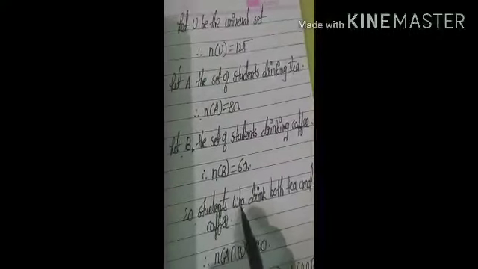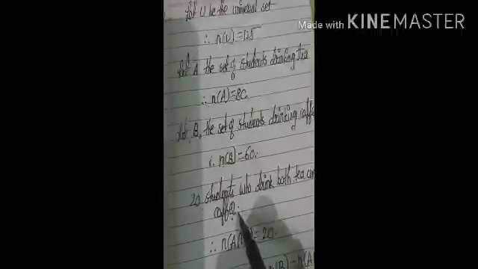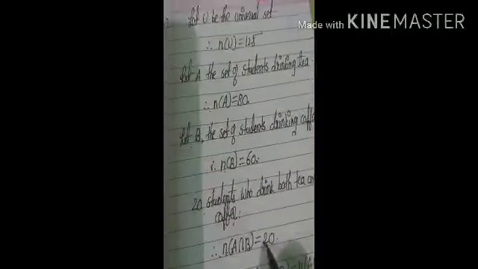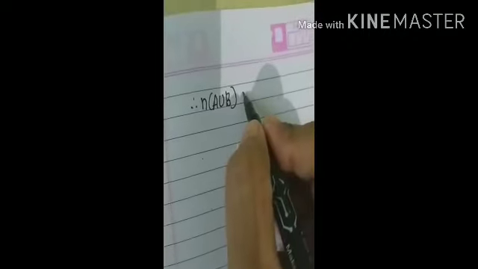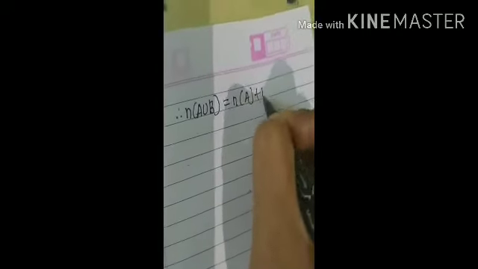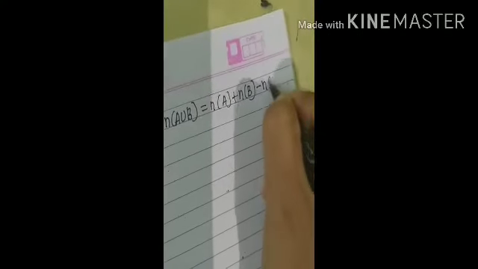The 20 students who drink both tea and coffee, it means it is an intersection. Therefore, n(A intersection B) equals 20. Now we put the formula. Therefore, n(A union B) equals n(A) plus n(B) minus n(A intersection B).